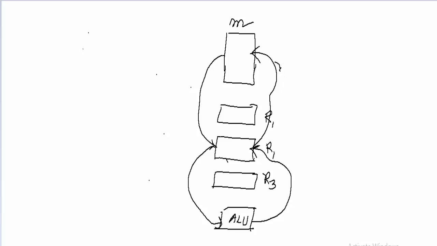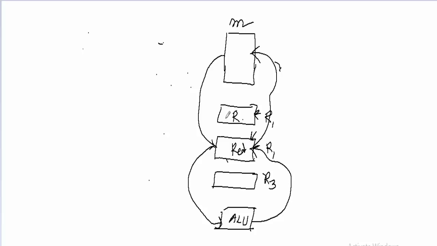To do those operations, we need control signals. For example, if we want to write something on this register and read something, then we have to give a write control signal to this register and a read control signal to this register, both at the same time, to do this operation.